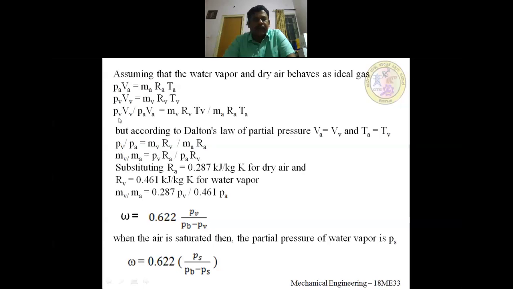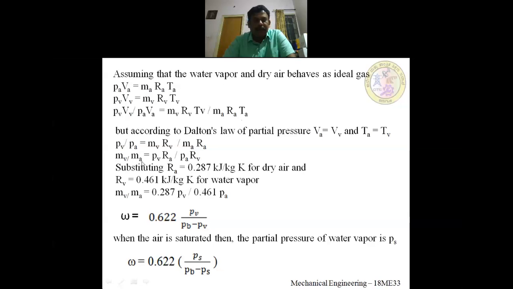What is remaining? On the left hand side, PV by PA is equal to mVRV by mARA. TV, TA have cancelled. Now mV by mA, I have simplified. What is mV by mA? If RA goes to the left hand side, it goes to the numerator: PV RA by PA RV.